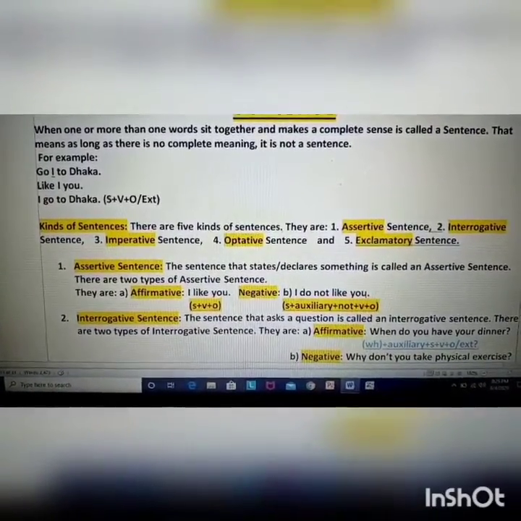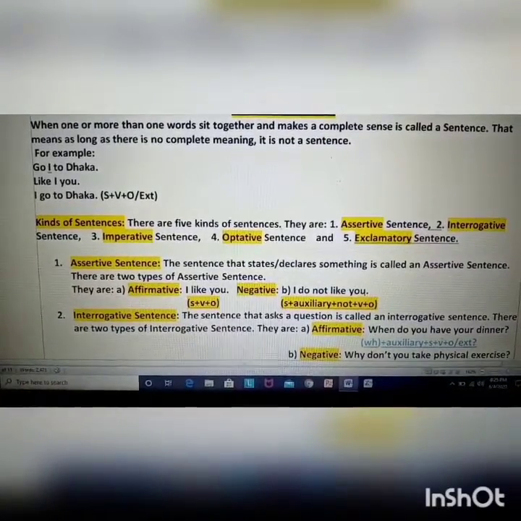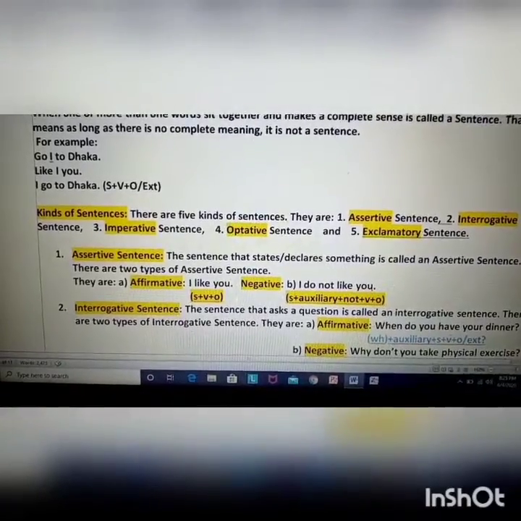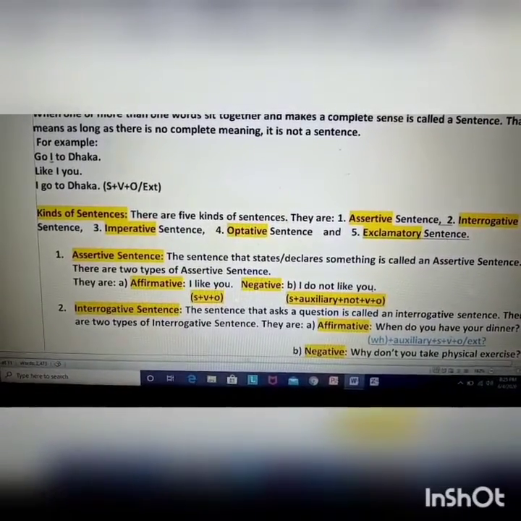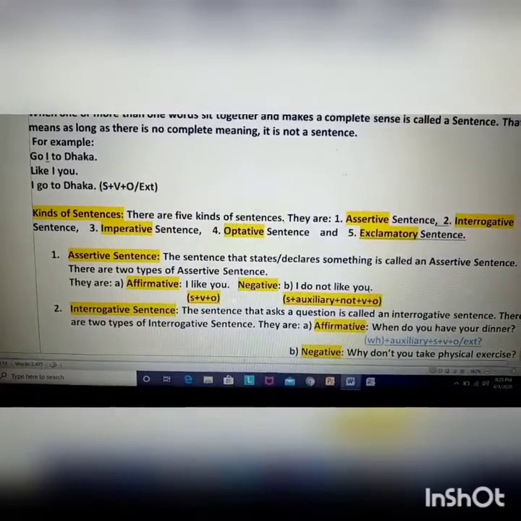That means as long as there is no complete meaning, it is not a sentence. If a sentence doesn't make any sense, it is not a sentence at all.